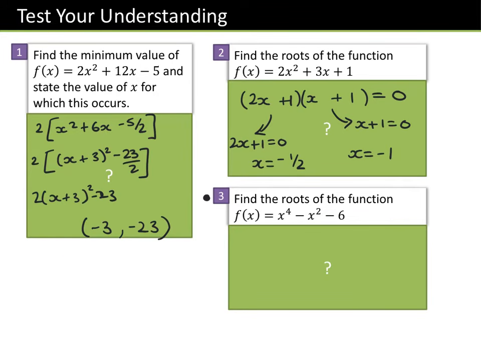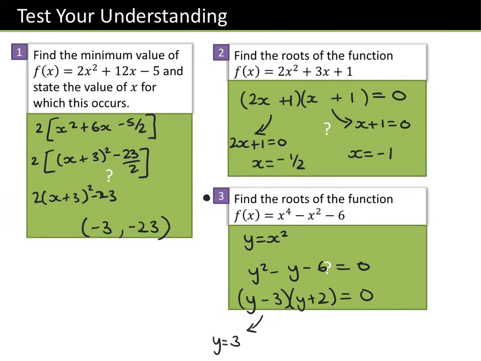Then for the last one, we need to do substitution. So if we let y equal x squared, we're going to get y squared minus y minus 6 equals 0. We're going to get y minus 3 and y plus 2 equals 0. So y equals positive 3 and y equals negative 2. Now remember that we used the substitution.